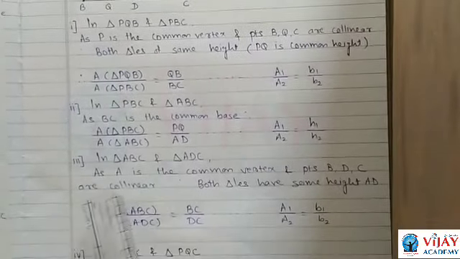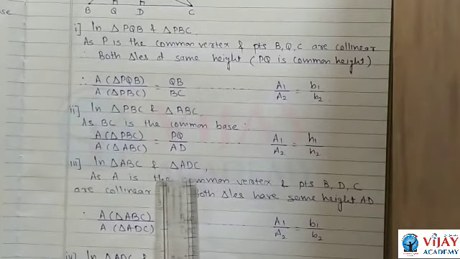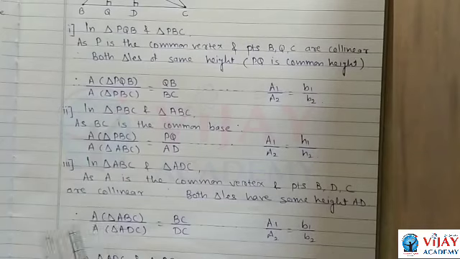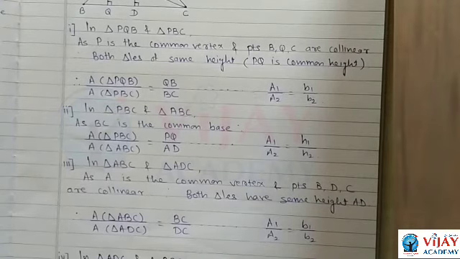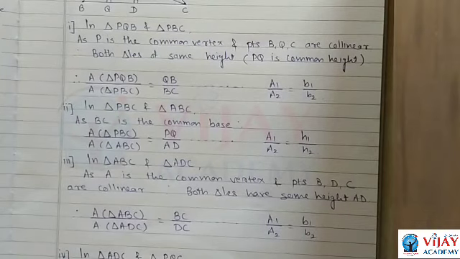Then the third one is in triangle ABC and in triangle ADC. A is the common vertex and the points B, D, C are collinear. Therefore both triangles have the same height, so their areas depend on their corresponding bases.